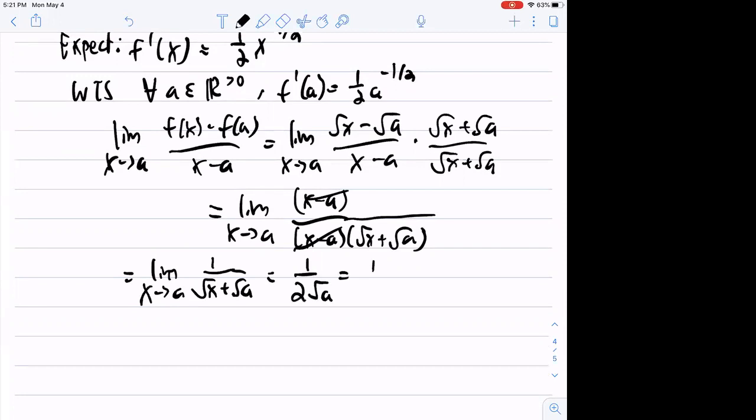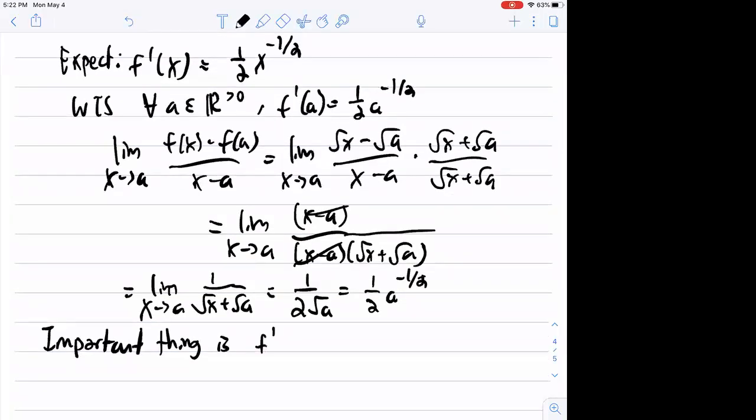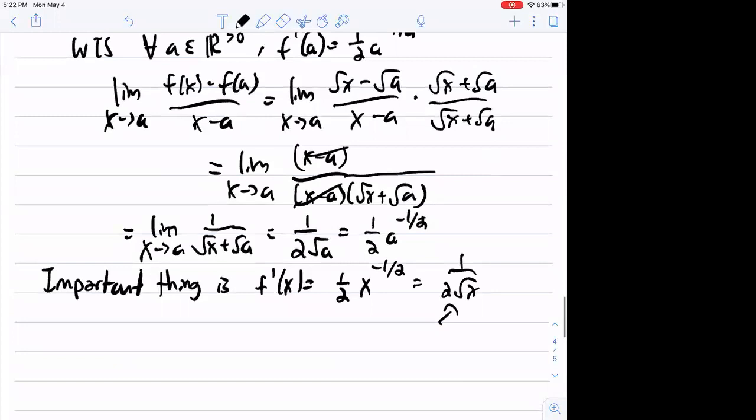Which is another way of writing this. So yeah, we are done. But the important thing is, the derivative is this, right? Since it's for any a. And what you're going to notice is this is just this. But this thing, you could check, it's not continuous at 0, right?